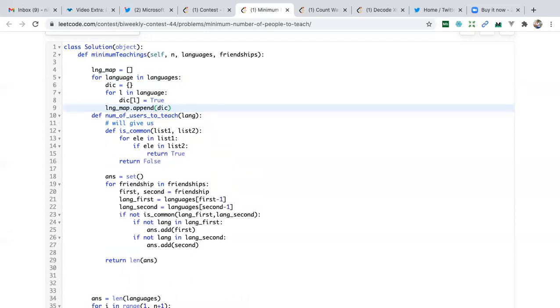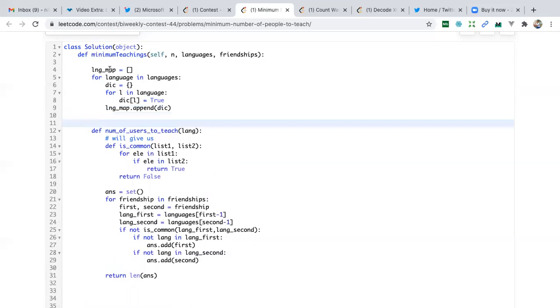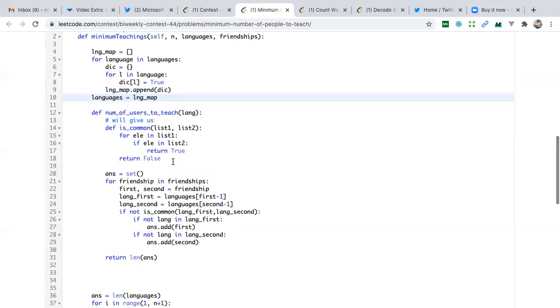Dictionary. So we changed it into a list of maps, and we can change languages to language map, right? It should work. It should work because we are using language first.